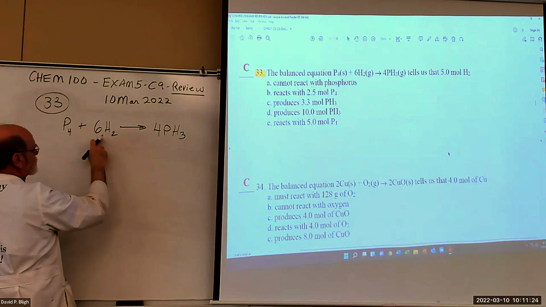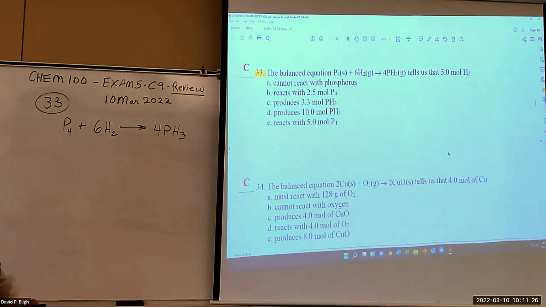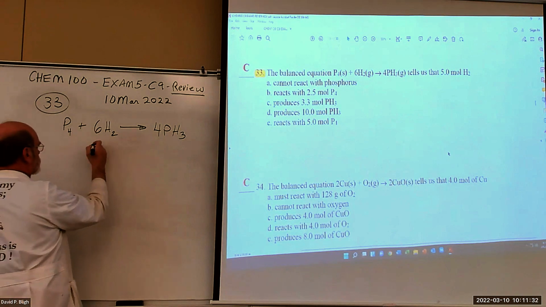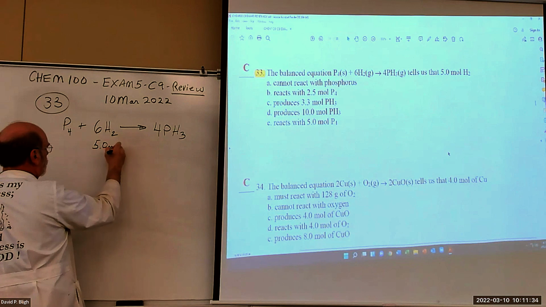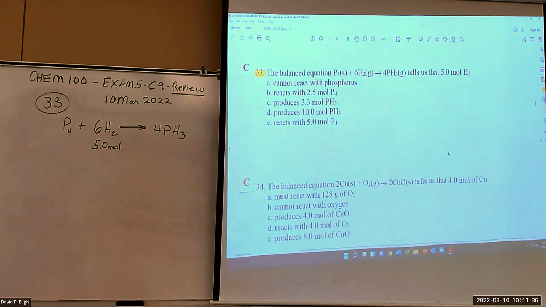That's 4 PH3. Yeah, that's balanced. 5 moles of hydrogen tells us that 5 moles of hydrogen would do what? Cannot react with phosphorus. I don't think so. The equation itself tells us that could happen. So A is wrong. B reacts with 2.5 moles of P4.